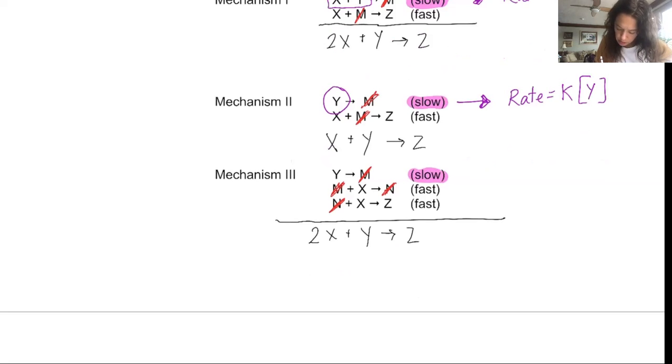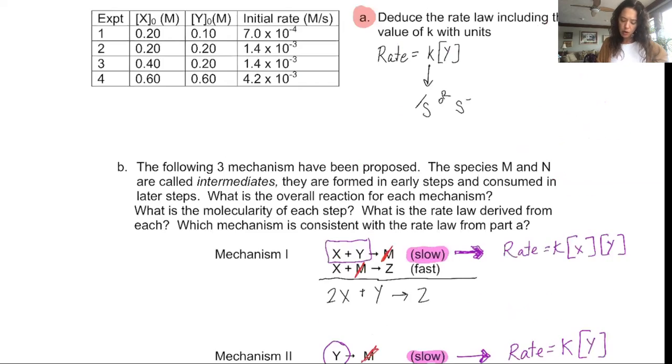And according to the slow step, the rate is equal to K Y. Okay.